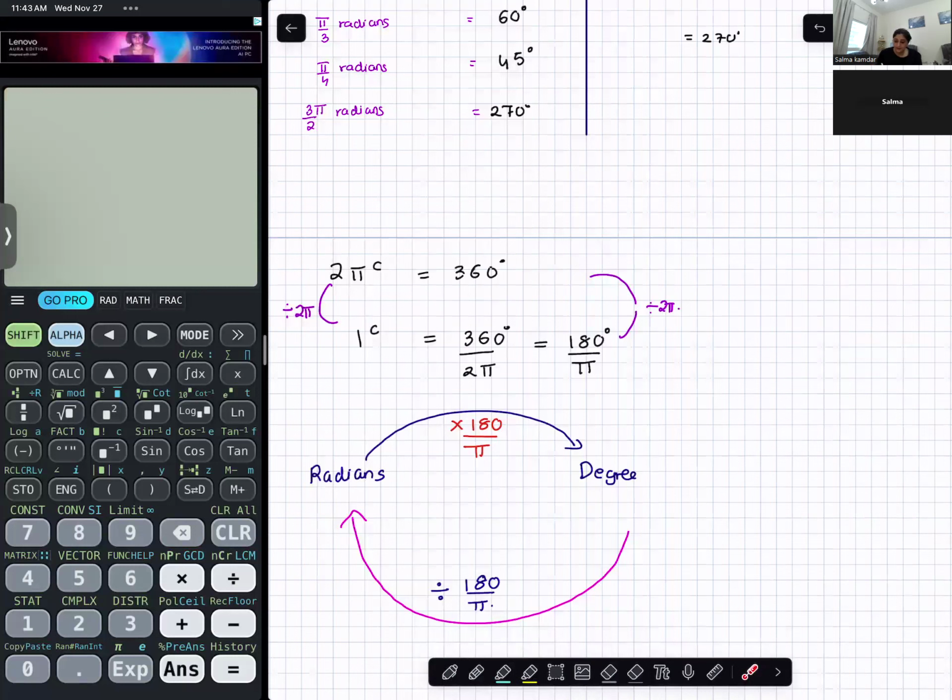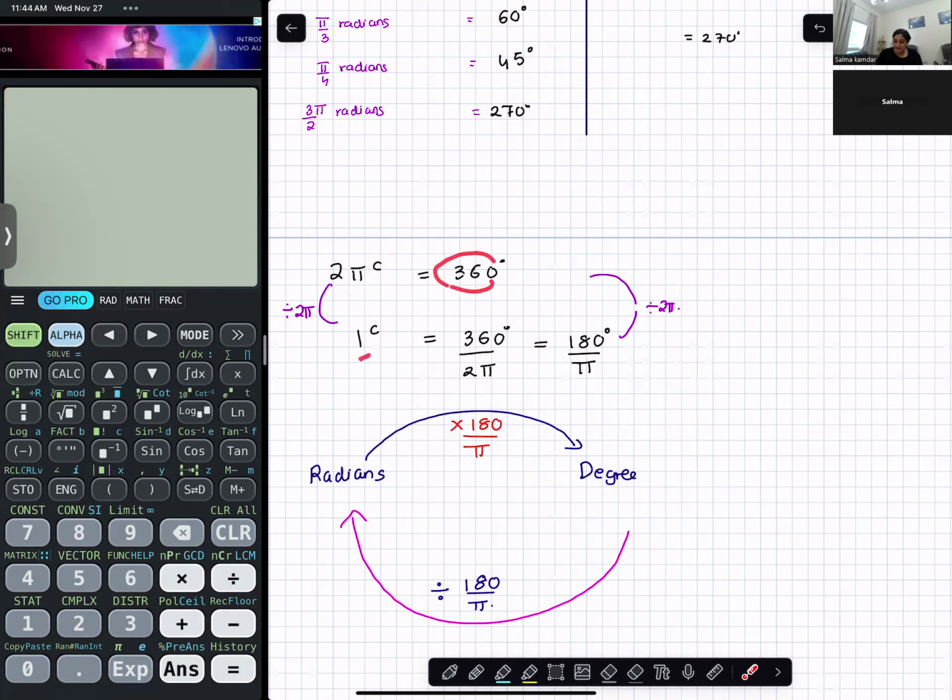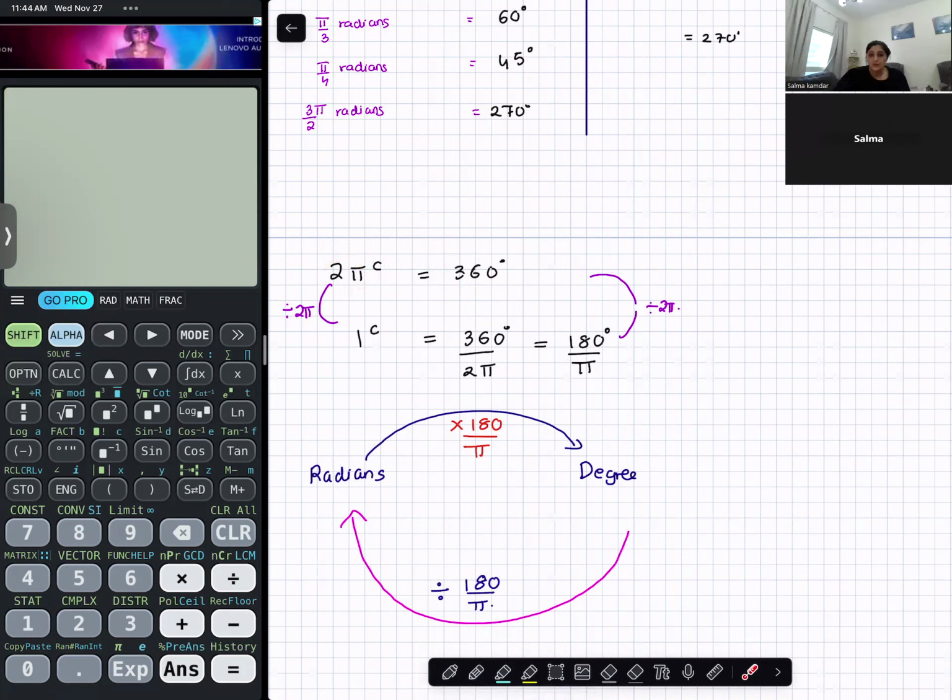Now, since you clearly know that 2 pi rad is 360 degree, so 1 rad would be 360. You don't need this, so you're going to divide this by 2 pi on both the sides. So 1 rad would be 360 divided by 2 pi. So 1 rad is 180 degrees divided by pi.